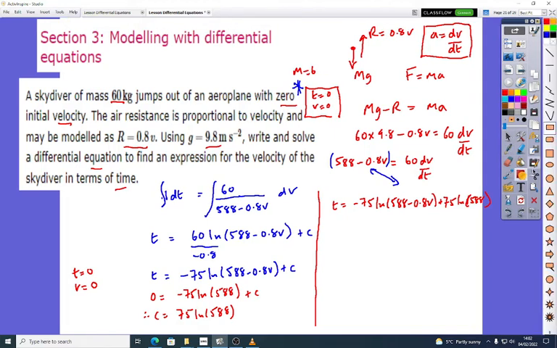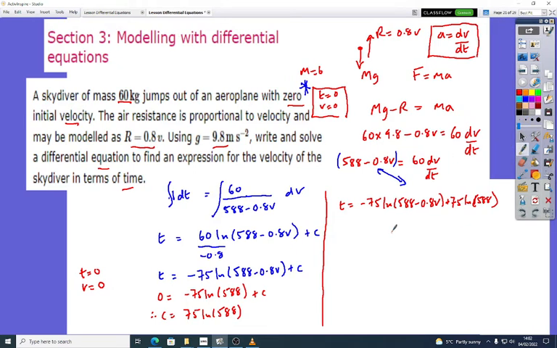Just give me a second. I'm going to put a box around this so you can see it a bit more clearly. Okay, so we need to make v the subject.